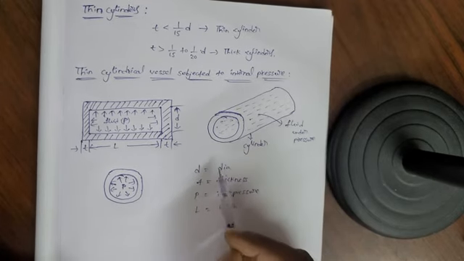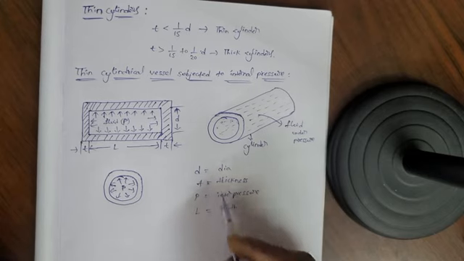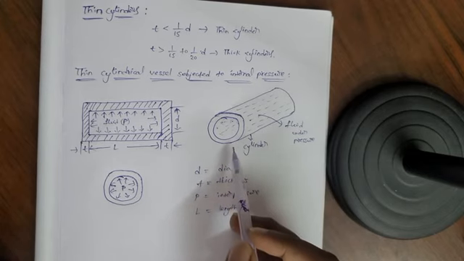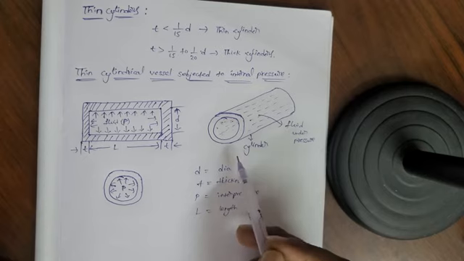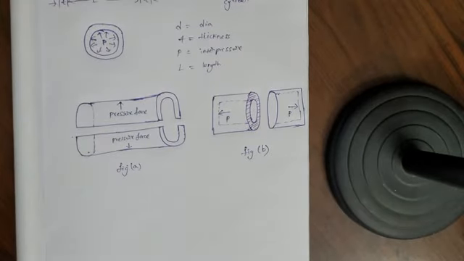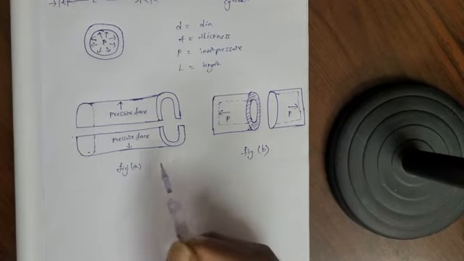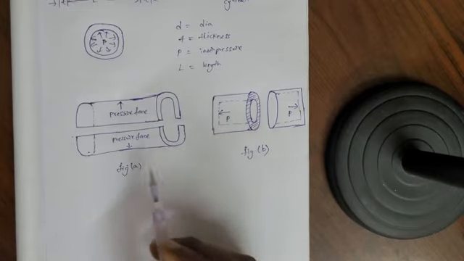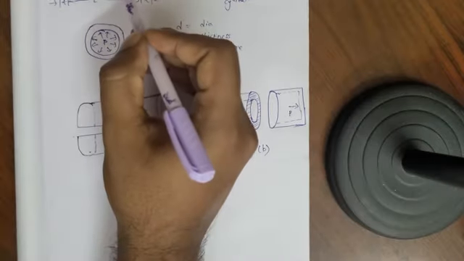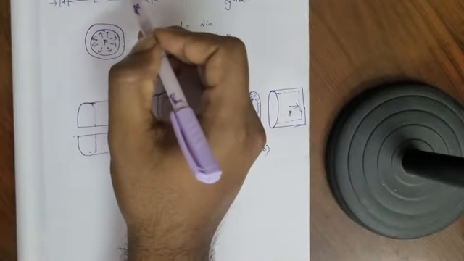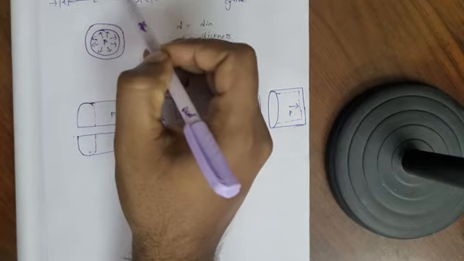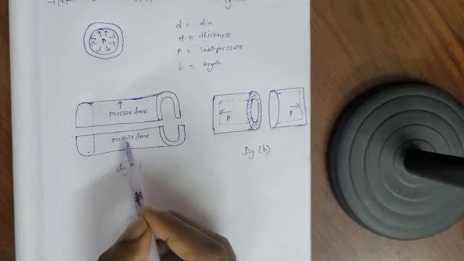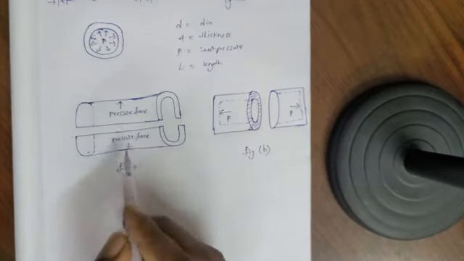So these are the terms I am considering for this cylinder. Due to the internal pressure, the cylinder may fail by splitting up in two ways, shown in these figures. The forces acting vertically upward and downwards on the thin cylinder tend to burst this cylinder.